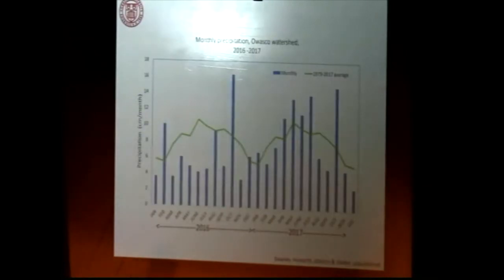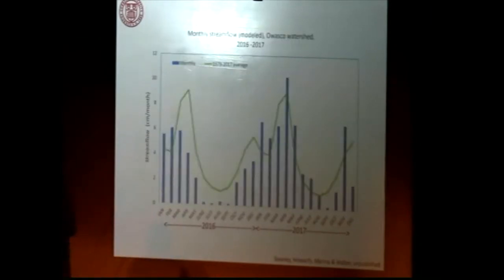So we can look at the data here, and this is precipitation data from January of 2016 through the end of 2017, monthly amounts. This is the long-term average trend in precipitation from 1979 to 2017. You can see that these months in 2016 were relatively dry, and 2017 is wetter above.